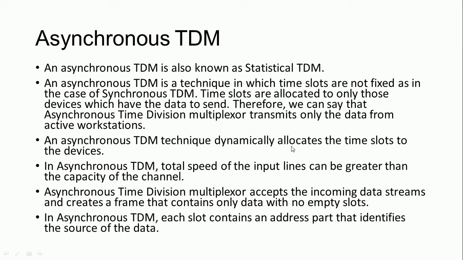This technique dynamically allocates the time slots to the devices. In asynchronous TDM, the total speed of the input lines can be greater than the capacity of the channel. The asynchronous time division multiplexer accepts the incoming data streams and creates a frame that contains only data with no empty slots. In asynchronous TDM, each slot contains an address part that identifies the source of the data.